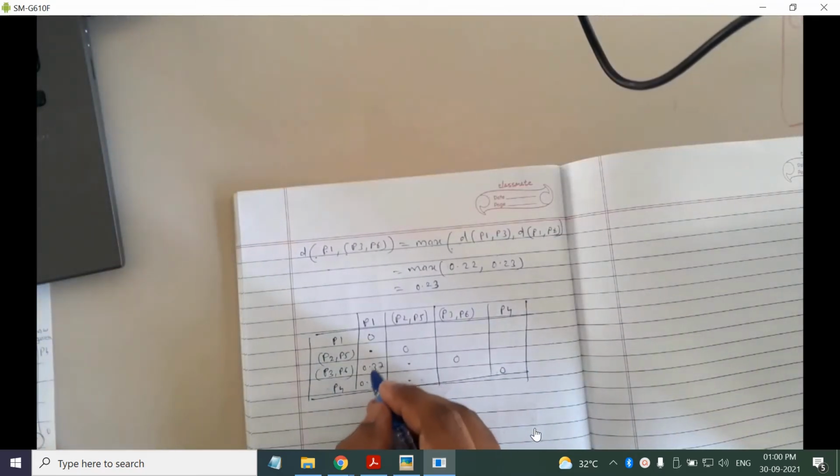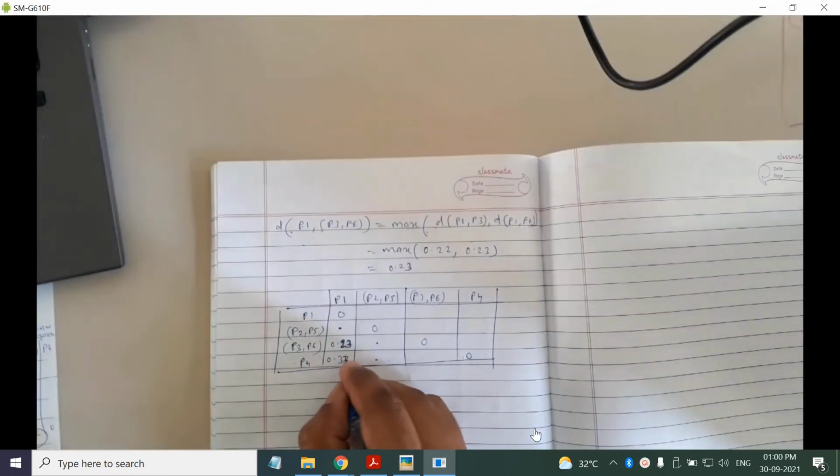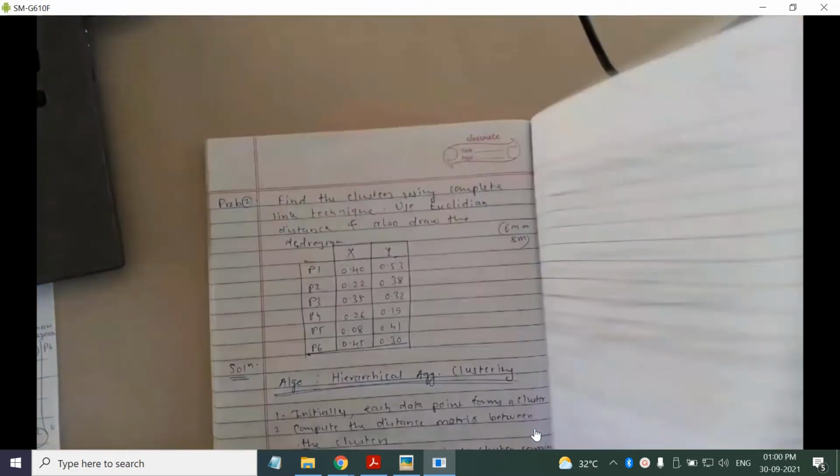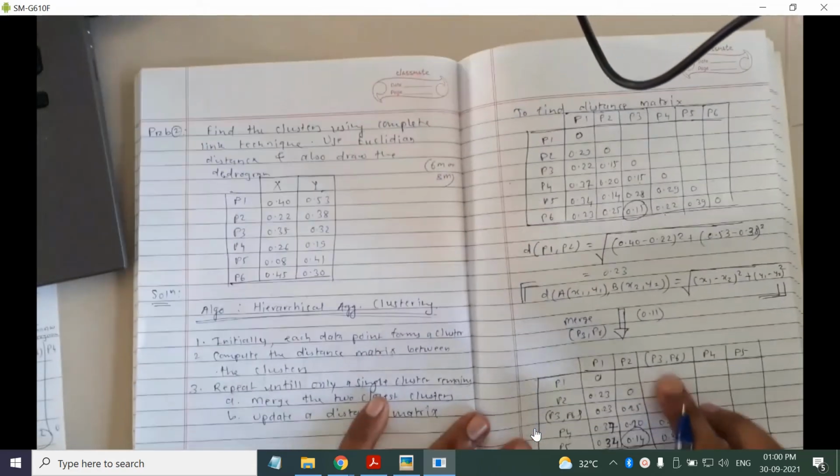P1 P3 P6 का 0.23 है. P1 P4 का डिस्टेंस 0.37 है. And this one, P3 P6 का P4 से 0.22.